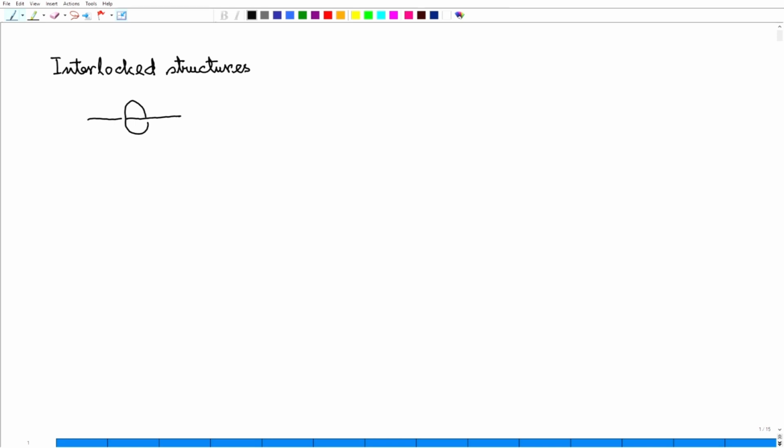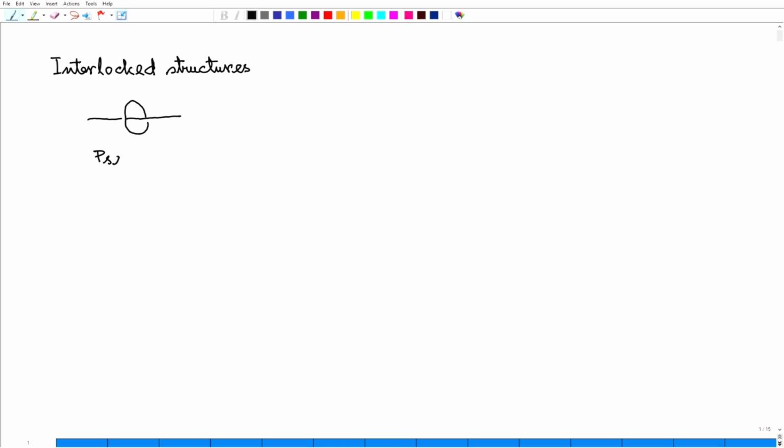Okay. So, in this particular interlocked structure, we have one macrocycle and one rod. So, this rod is threaded into the macrocycle, and this is called pseudo rotaxane, pseudo, because it is not really truly a rotaxane, but it is a pseudo thing.